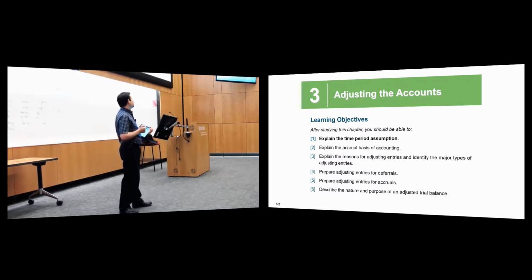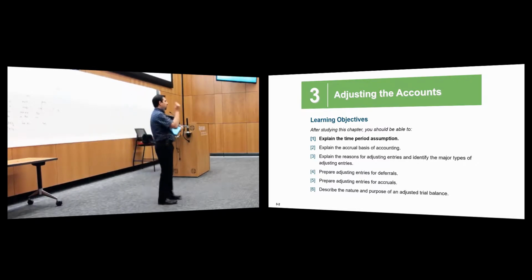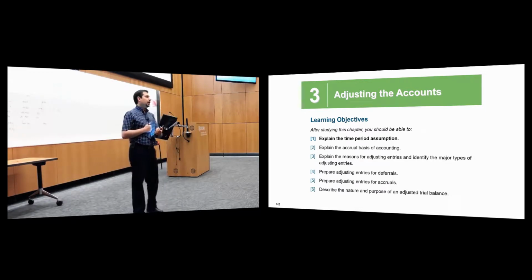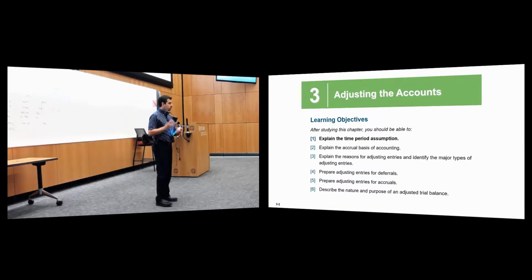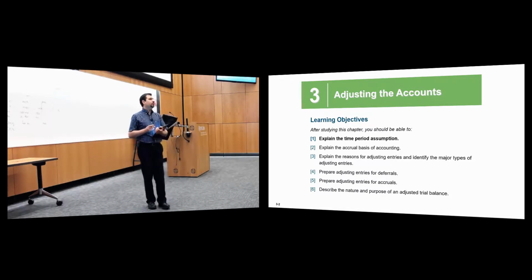Let's take the example of supplies. We bought 100 pencils. And according to the trial balance, the company made a purchase of 100 pencils. Each one is $1, so it's $100. The value of our supplies is $100. Everyone's okay with that, right? That purchase was made on, let's say, September 10th.